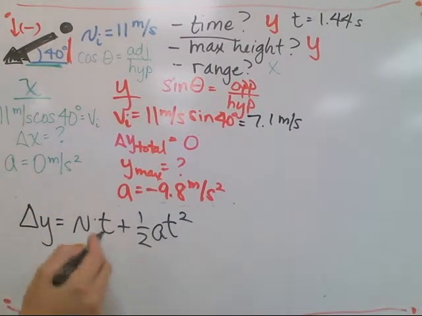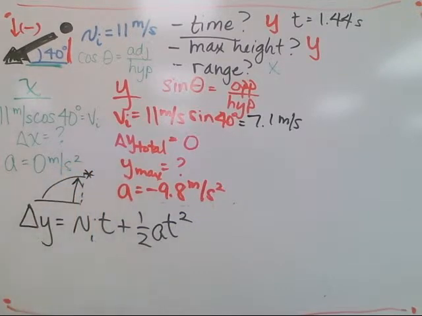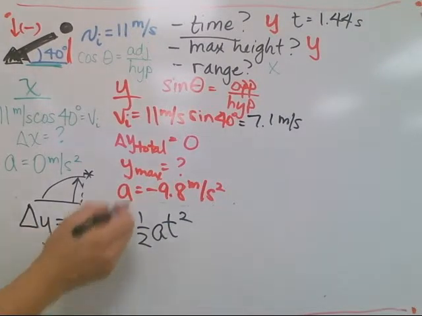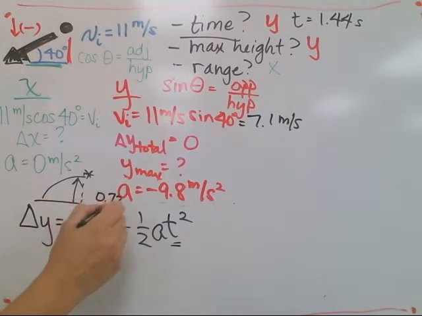I'm just going to apply it to that first half again, because I want to know what the delta y is during that first half of the motion. That would give me my maximum height. So instead of using my total time, I'm just going to use the time it takes to reach that maximum height, which is what we had solved for initially and then multiplied by 2. So it's 0.72 seconds here.